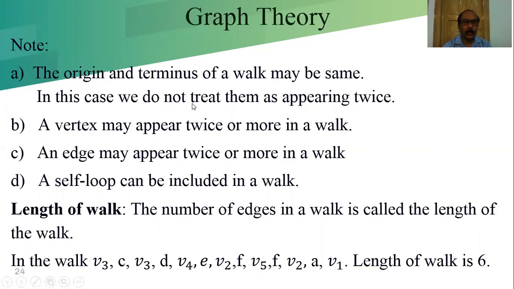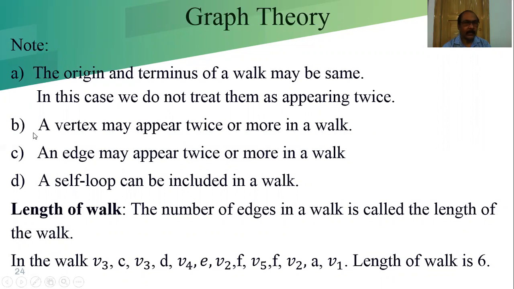In this case, we do not treat them as appearing twice. When the start and end vertices are the same, they are counted as appearing once only, not twice.